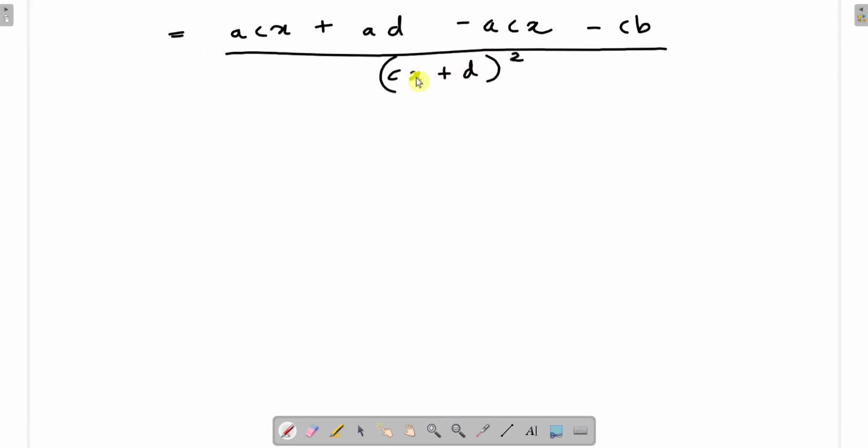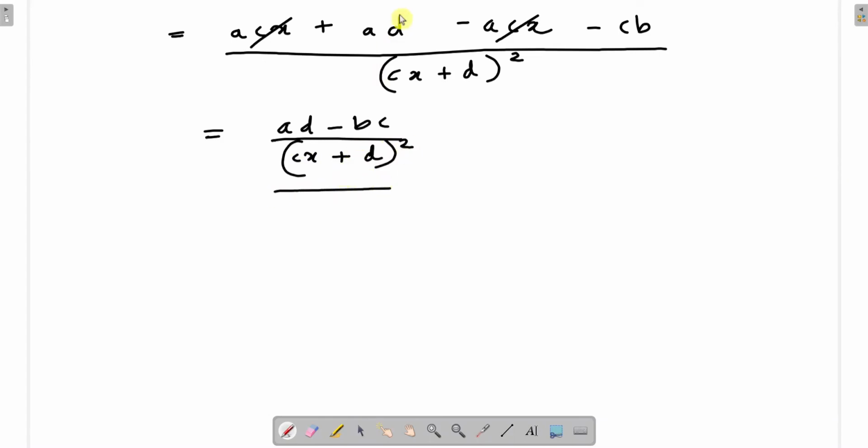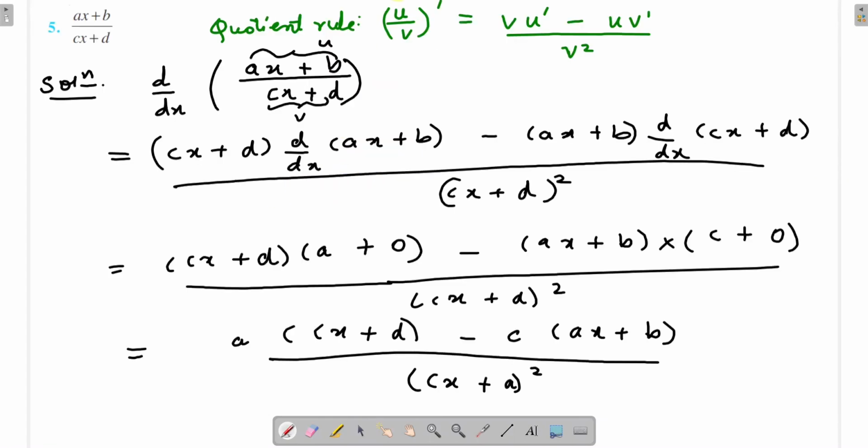So this will be equal to what? Now acx minus acx gets cancelled, you will get ad minus bc divided by cx plus d the whole square. Okay, so this is the answer, the derivative of the given function.